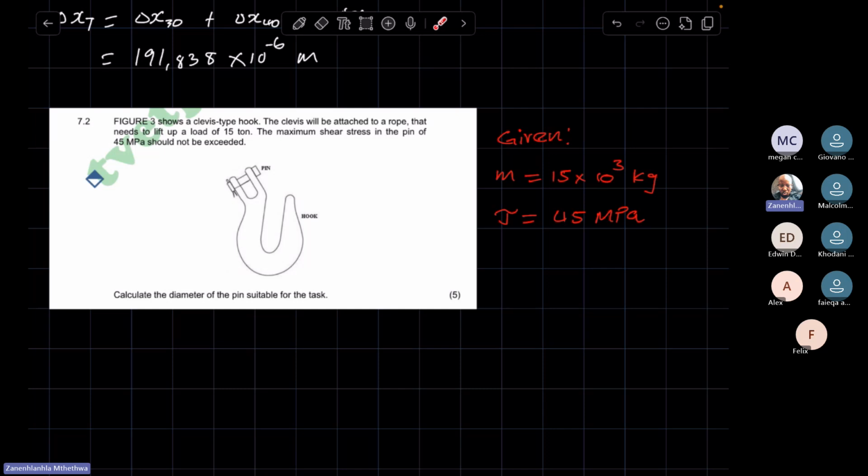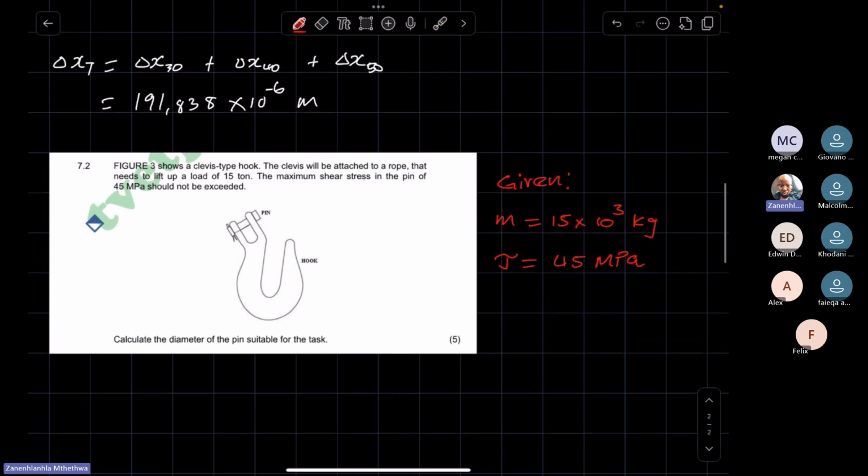Now, so you have a rope on this side, attached to this pin, and this hook grabs.